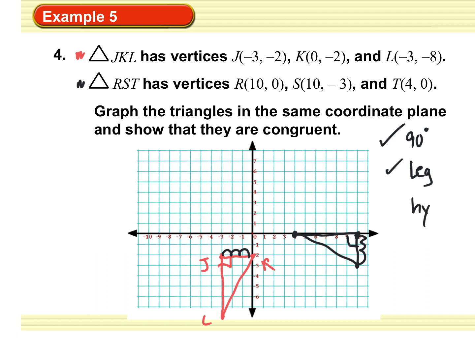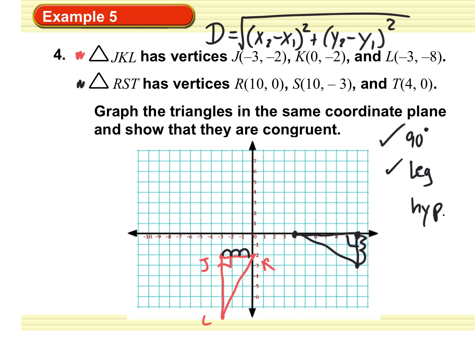And then the hypotenuse. The only way you can figure this out is by using the distance formula. So the distance formula is the square root of x2 minus x1 squared plus y2 minus y1 squared. Now for the distance of the red triangle, we're going to use the points K and L. I worked it out previously, but I'm going to plug in the points.